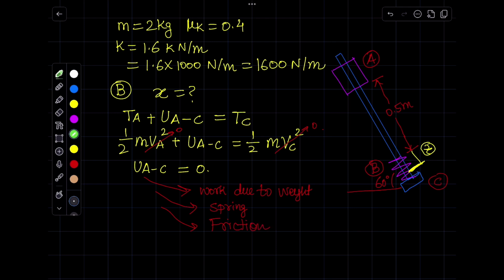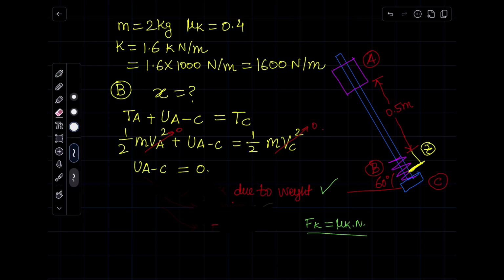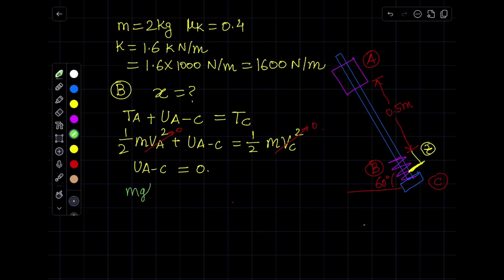Now we have to figure out what the works are. From A to C we can see that there is a work due to the weight, mgh. Secondly, there is a spring compression, so we can say there is a work by the spring, and there is a friction. So I will write all the equation.